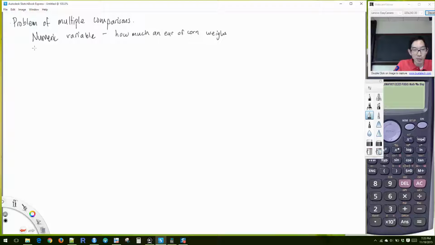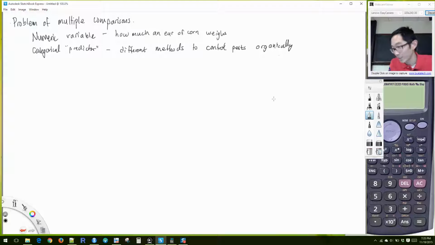So we have a numeric variable, and then we have a categorical, quote, predictor, and these are different methods to control pests organically.